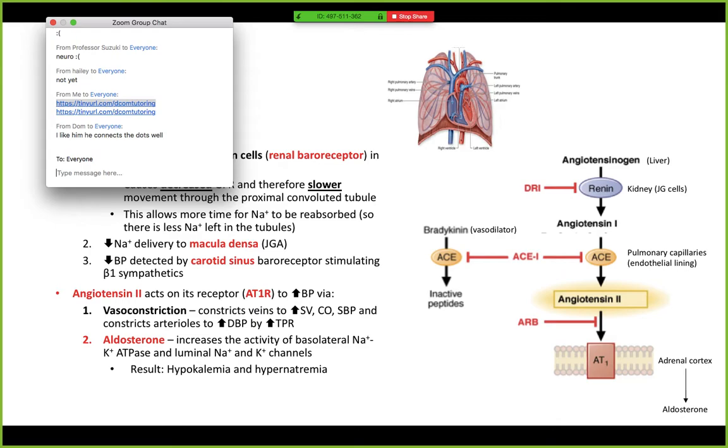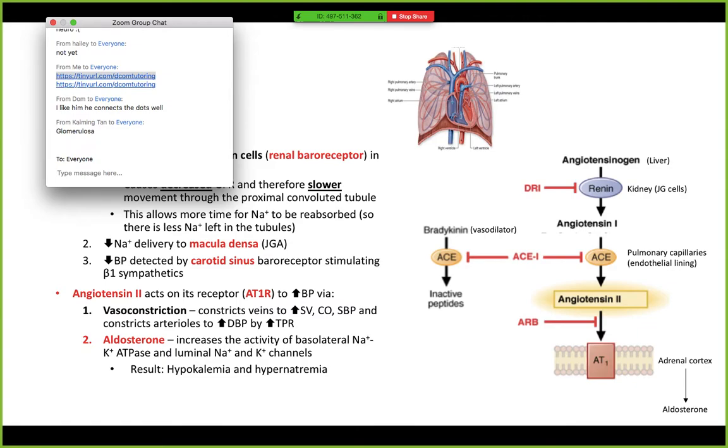And specifically, what layer in the adrenal cortex is aldosterone released from? Do you guys remember? Right, the zona glomerulosa. Good job.